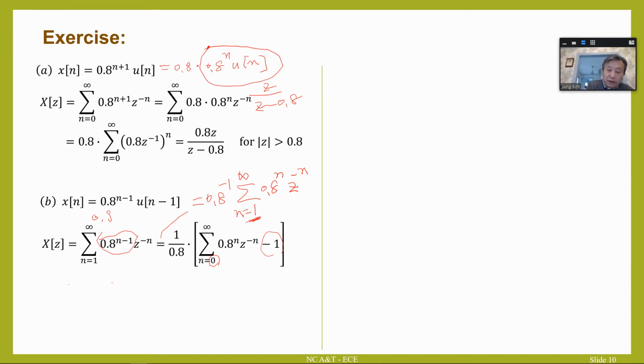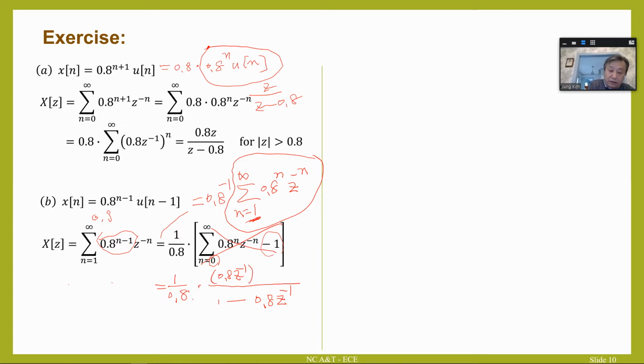So instead you can do 1 over 0.8, and directly the closed form: 1 minus 0.8 z to the minus 1, and starting point is 1.